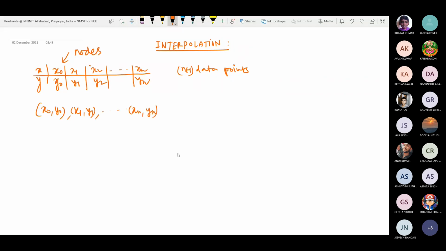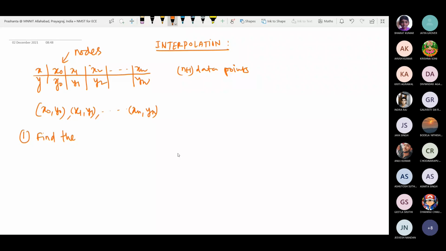Since the exact relationship is not known to you, your aim will be to find a relationship as close as possible to the exact relation. So you'll be trying to approximate the invisible relation by some sort of function.